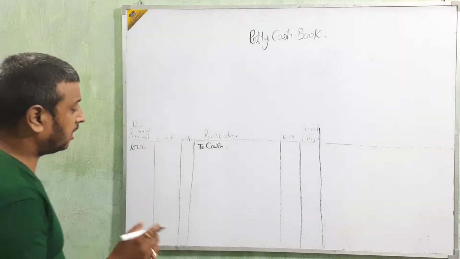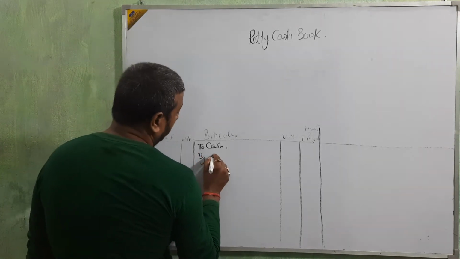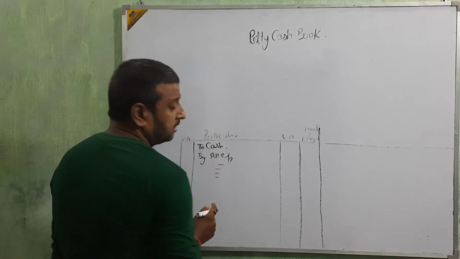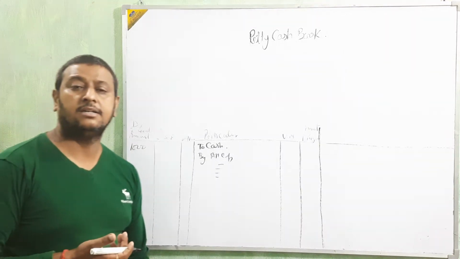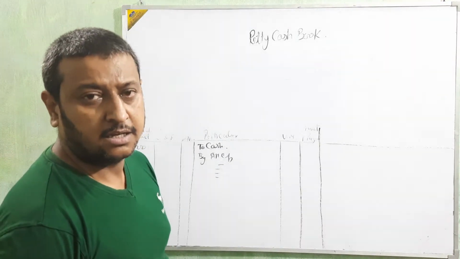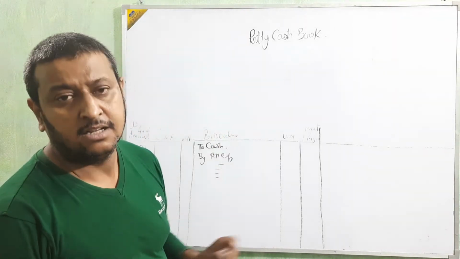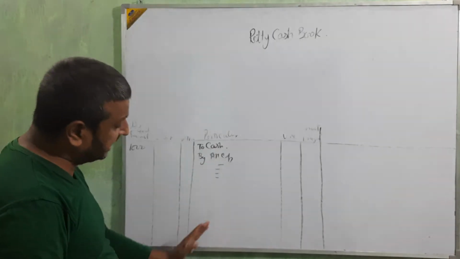Okay? And then all expenses, like wages, carriage, cartage, rent, conveyance, printing, stationery, postage expense, pen, pencil, paper, eraser, all these are written here.